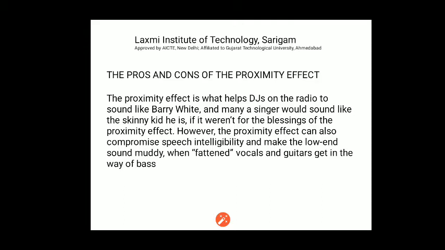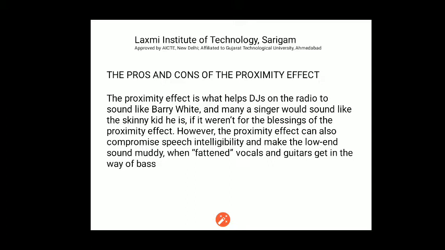Next we will discuss the pros and cons of the proximity effect. The proximity effect is what helps in radio sound, where singers like Barry White would otherwise sound like skinny kids. It is responsible for the warmth of the sound.